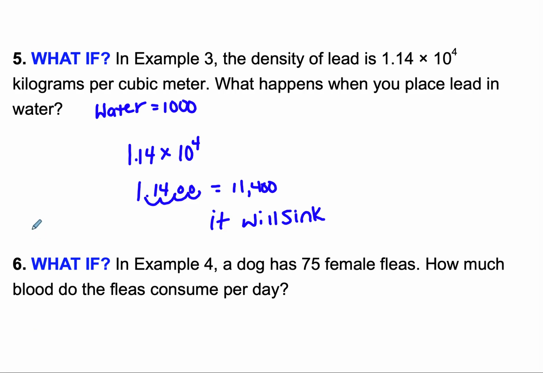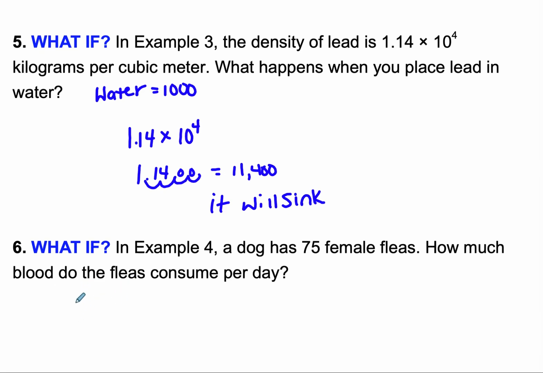All right, what if in example 4, a dog has 75 fleas? How much blood do the fleas consume per day? So this time I'm doing 0.0000014 times 75. I'm going to forget about all these extra zeros for a minute.